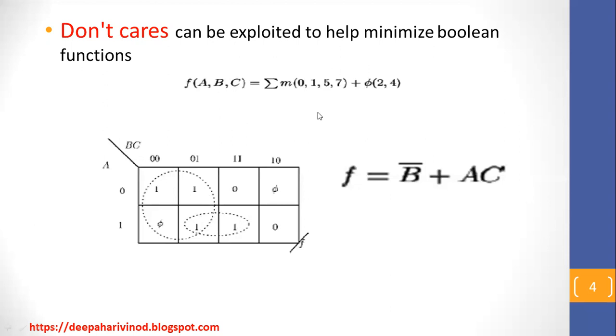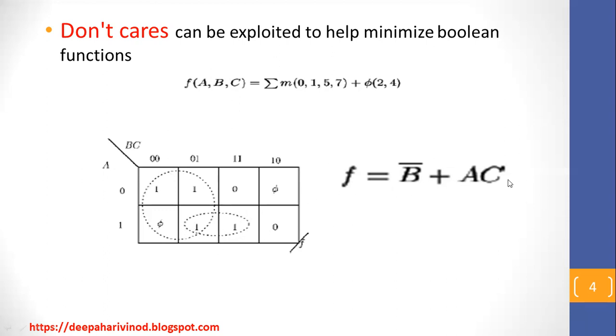Now we need to group. So check for 4 ones together. I can say this is one group. Here in this case, I consider this phi as 1 and include it in this group, so that I can group 4 ones together and my expression minimizes. And next, this one is remaining, so to include that, I have to group like this.